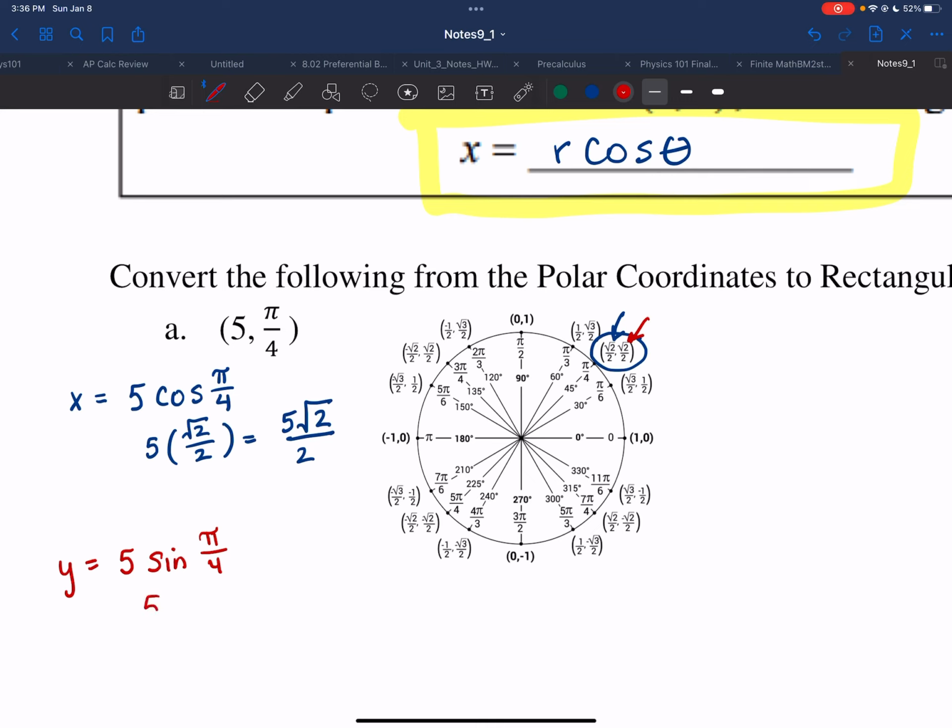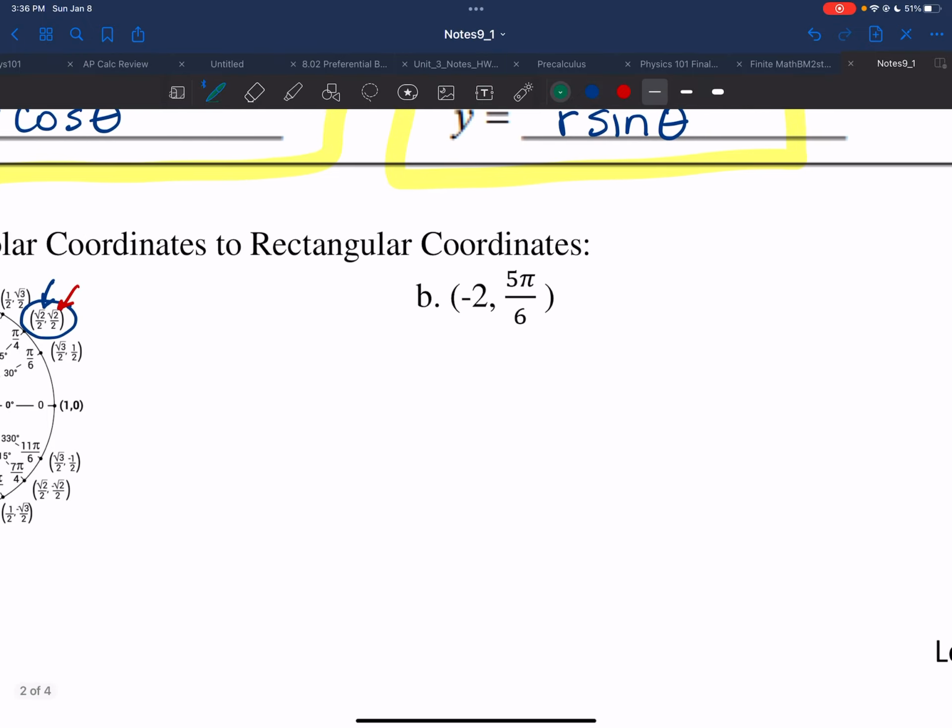So 5 times square root of 2 over 2, that's 5 root 2 over 2. So my rectangular coordinate for this point would be 5 root 2 over 2 and 5 root 2 over 2.